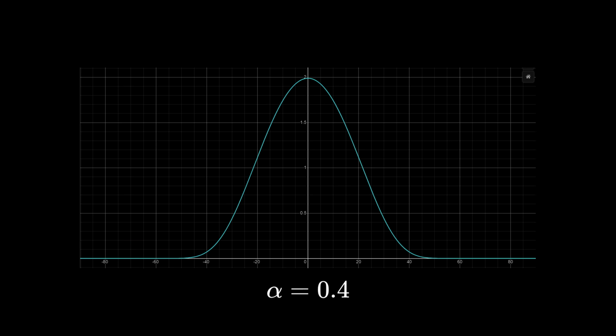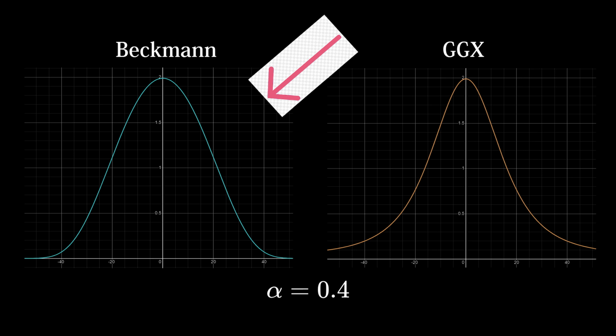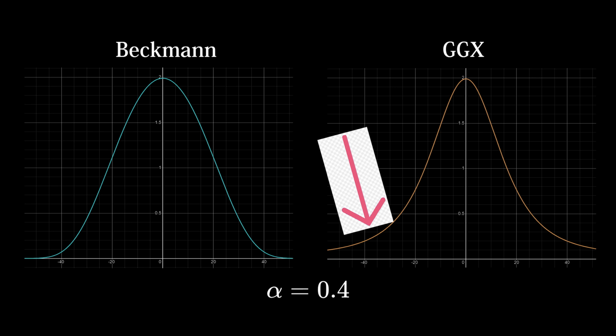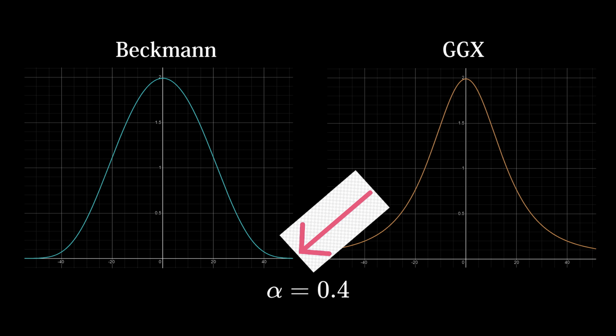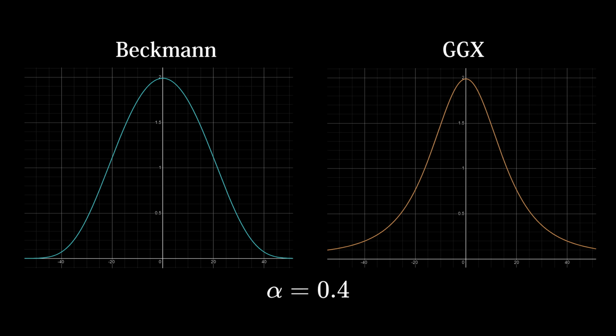So this function models how light is more likely to be reflected when the average direction aligns with the ideal direction. As you can see, GGX and Beckmann distributions have a similar peak, but GGX sharply falls off and then slowly fades, while Beckmann behaves in the almost opposite way, with the distribution actually reaching 0, which GGX never does. There is always at least a little light that's reflected.